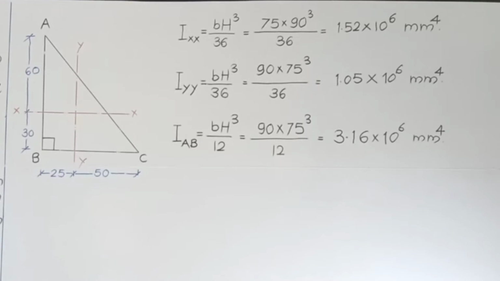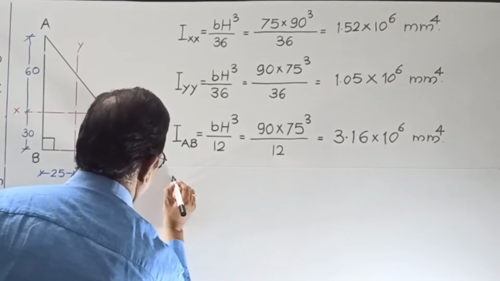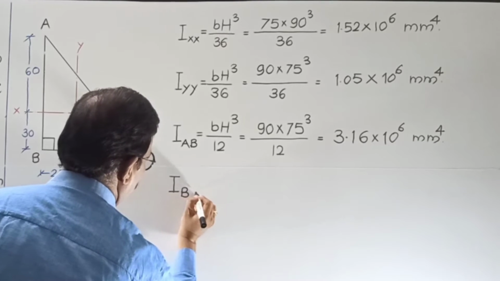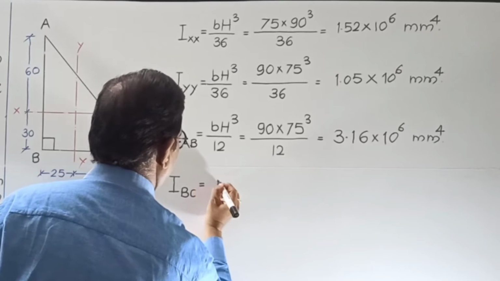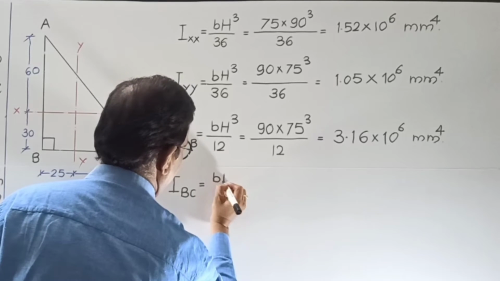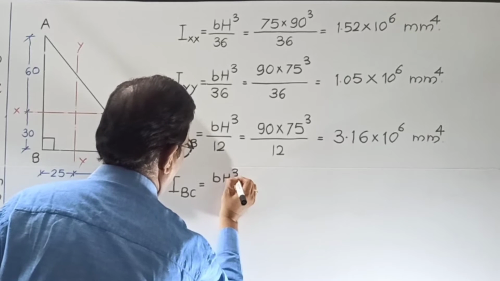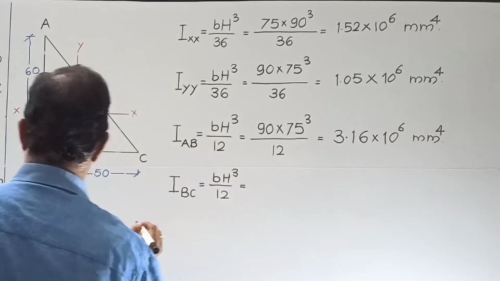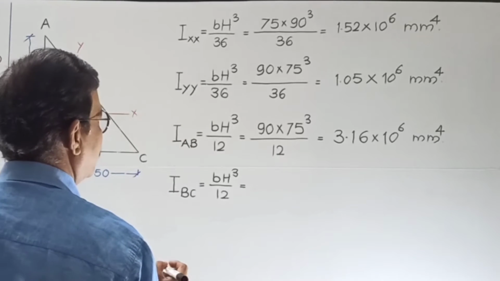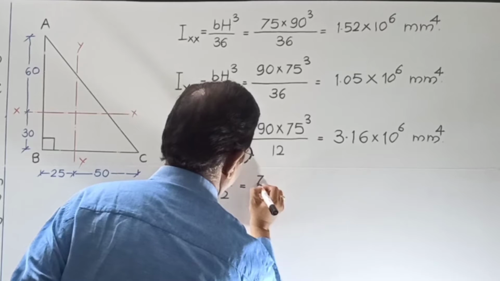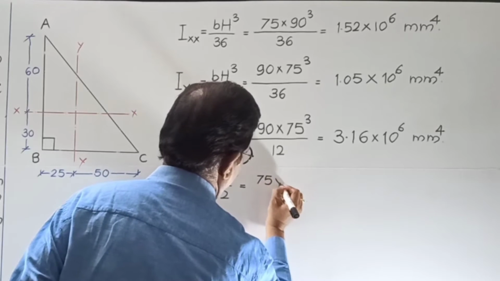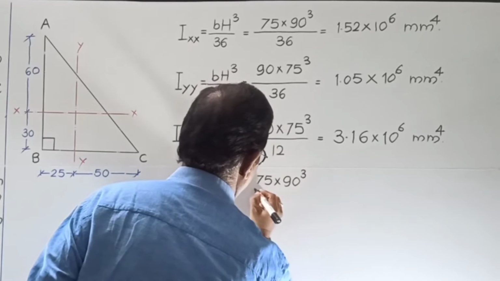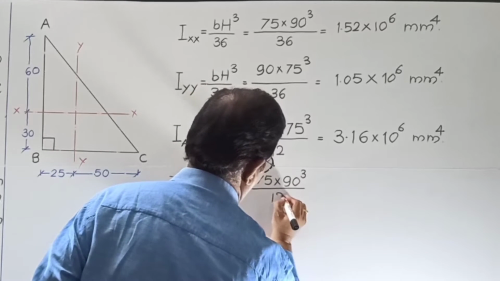Now the last one which we have to calculate is IBC, that is moment of inertia about base. Definitely the formula is B into H cube divided by 12. Now for BC, base will be 75, height will be 90, divided by 12.